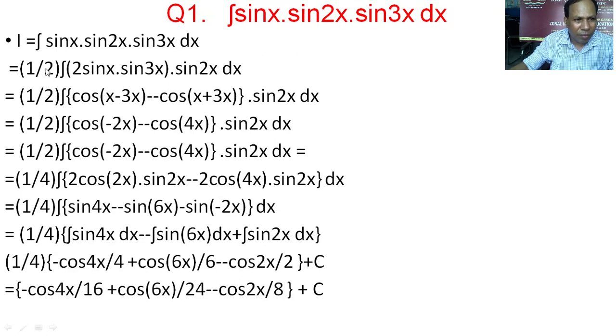So it is 1 by 2 into 2 sin x into sin 3x whole into sin 2x dx. So we are getting 1 by 2 into 2 sin a sin b, which is cos a minus b minus cos a plus b, into sin 2x dx. Which becomes 1 by 2 into cos of minus 2x minus cos of 4x into sin 2x dx.